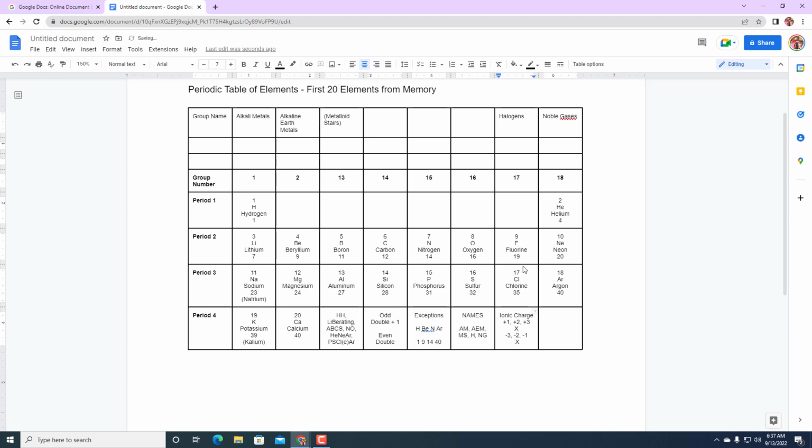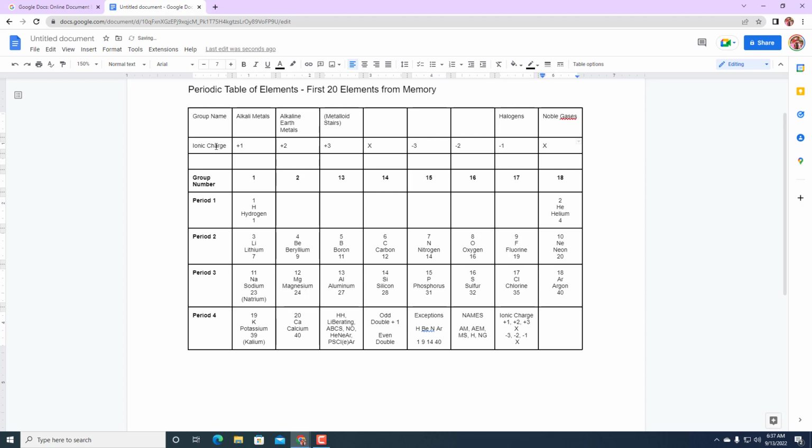And again, our goal is more to just have this Google Doc where we can always kind of go back to it. So when we're looking at ionic charge, we see plus 1, plus 2, plus 3, x, don't really mess with that one, minus 3, minus 2, minus 1, x.